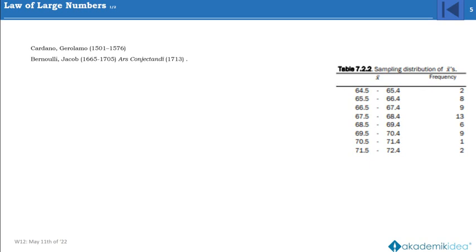What Bernoulli showed was that, by taking the number of trials large enough, the probability that the result will lie between certain limits will be as great as we wish. He proved this statement.